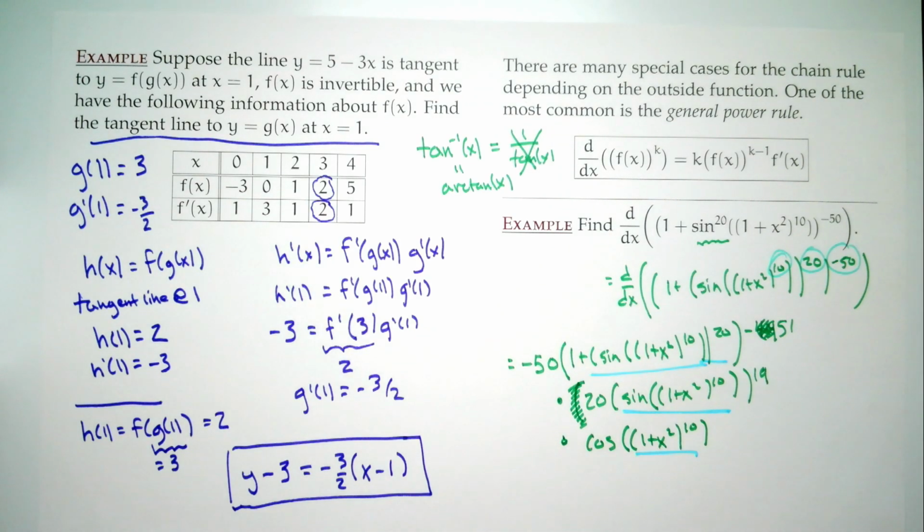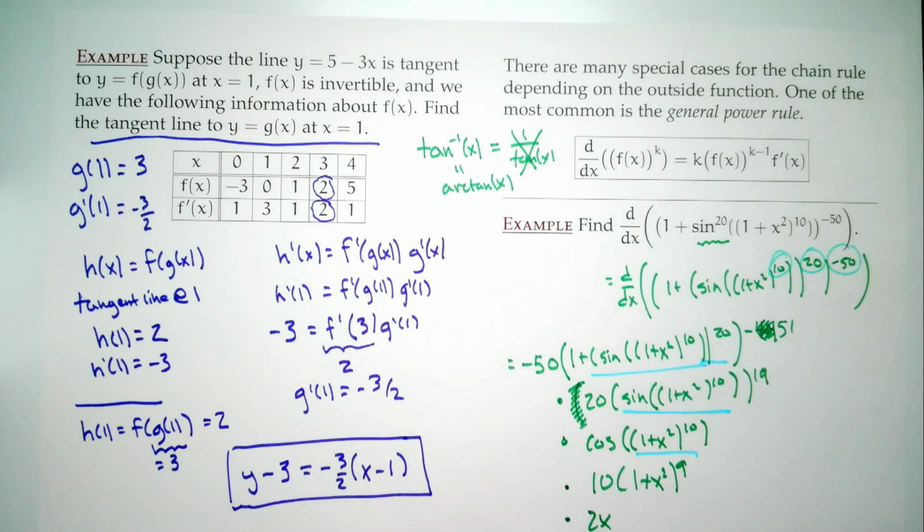What's the derivative of 1 plus x squared to the 10th? 10 comes down. 1 plus x squared to the 9th. Still not done. What's left? 2x. All right. So there we go. There it is. It's that times that times that times that times 2x. Yep. Chain rule.